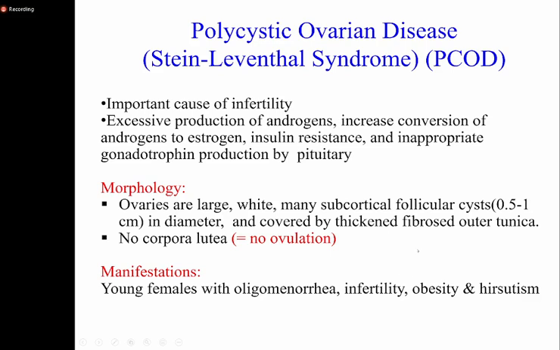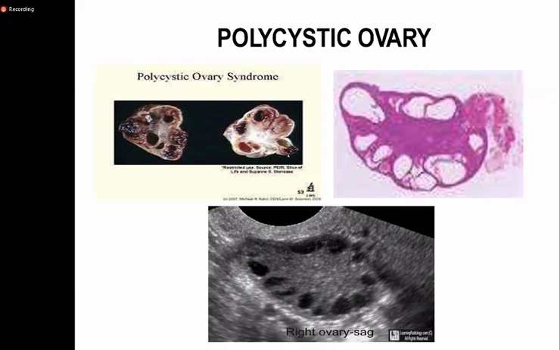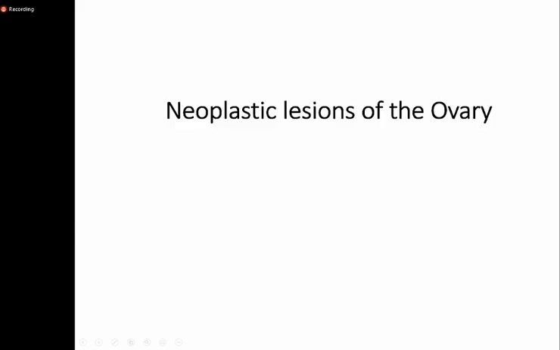And this is how an ovary will look grossly, with numerous cortical cysts in various stages of involution, on histology, and then on ultrasound, you can see all the cortical cysts of various sizes. So that's that. It's an interesting syndrome, Stein-Leventhal syndrome. You can read more about it as a clinical entity.